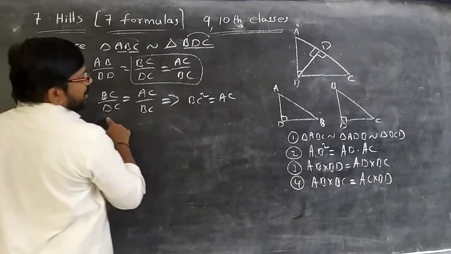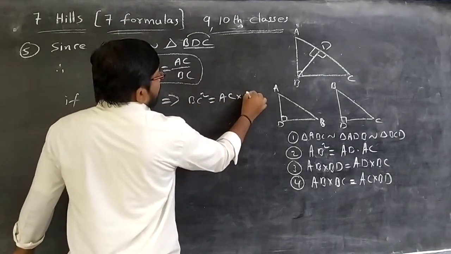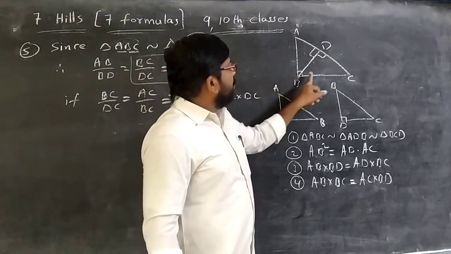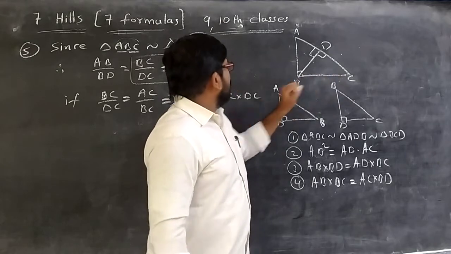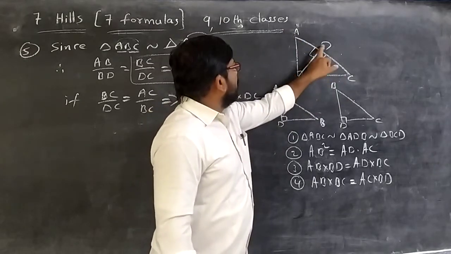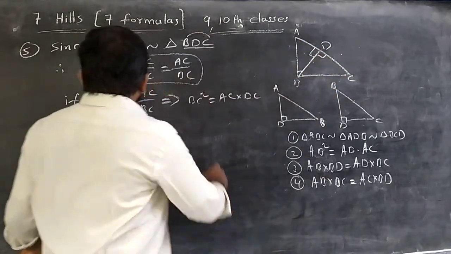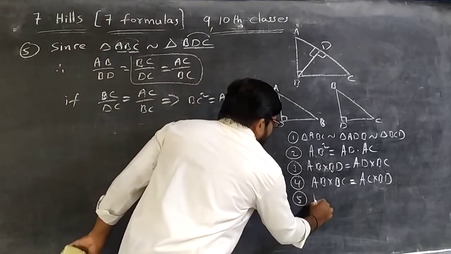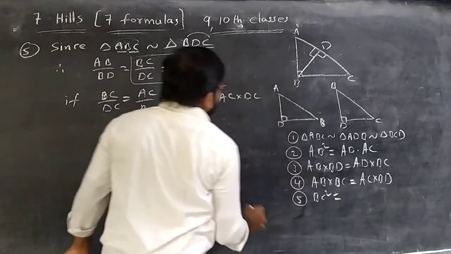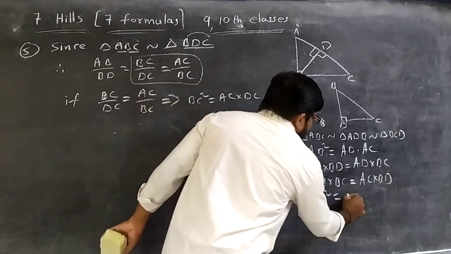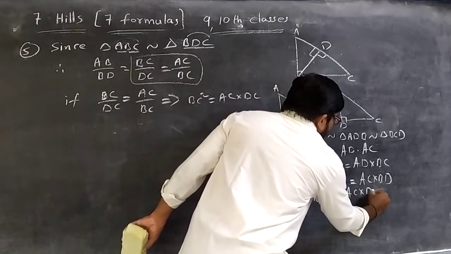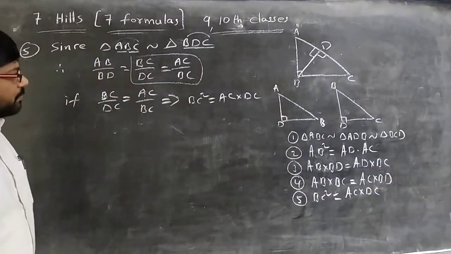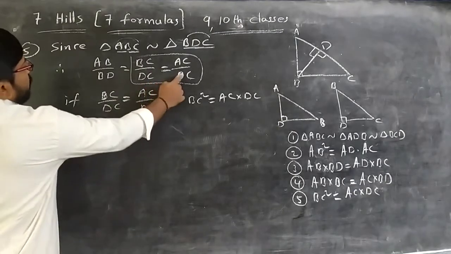Observe carefully, BC square is equal to AC into DC. That is the fifth formula.